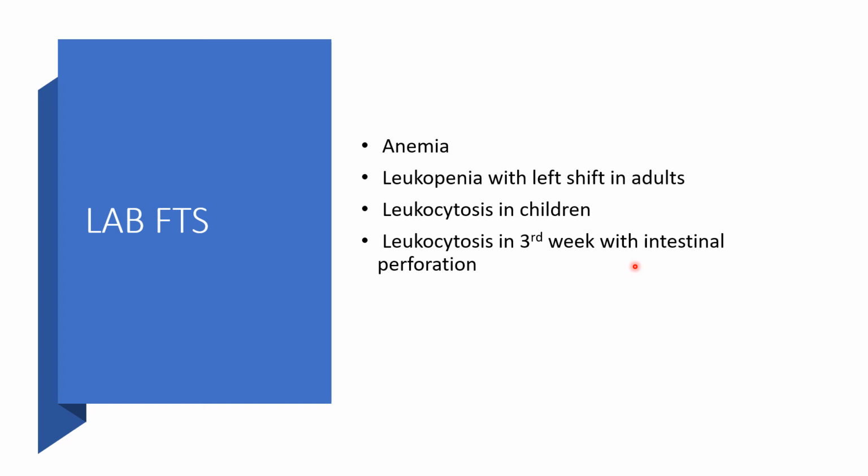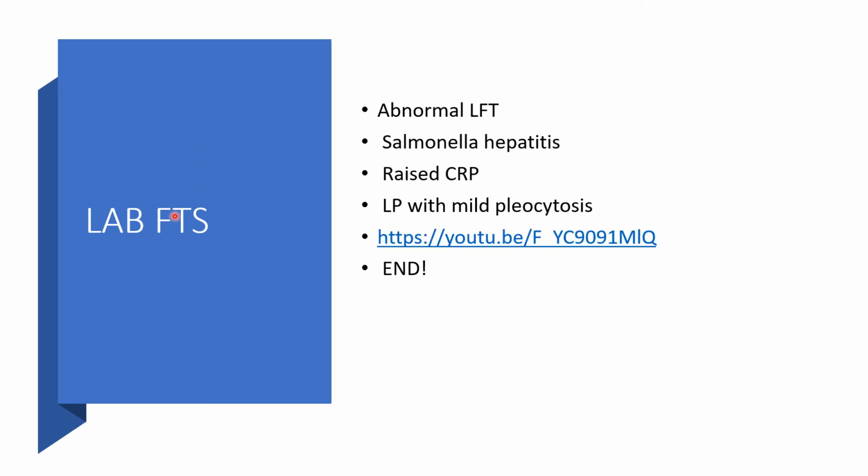Leukocytosis in the third week with intestinal perforation is very common in individuals with complicated forms of typhoid fever. Still on possible laboratory features, there may be abnormal liver function tests and even raised enzymes. With that, we may be dealing with Salmonella hepatitis, and C-reactive protein may be raised, and the lumbar puncture with CSF may return with mild pleocytosis.